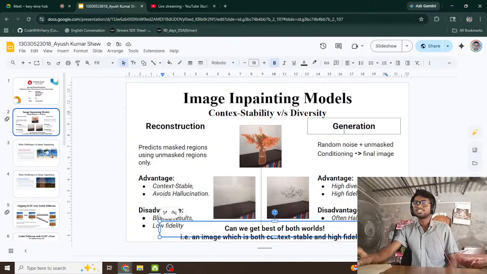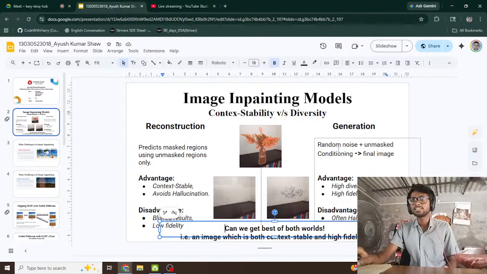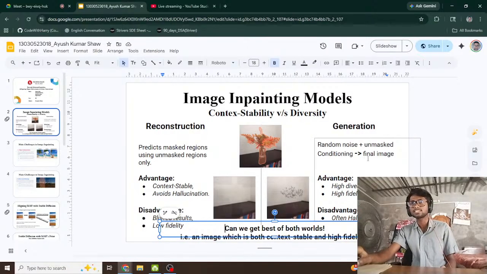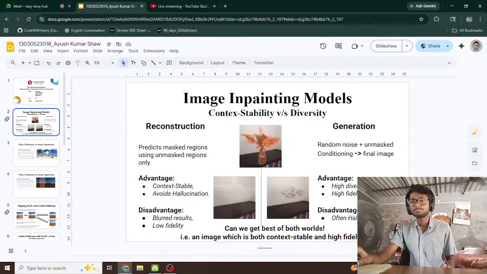And the generation portion refers to the generation model, in which random noise is given along with the unmasked context. We try to generate the final image. The advantages are that generation-based models have higher diversity and higher fidelity, whereas the con is that it often hallucinates.